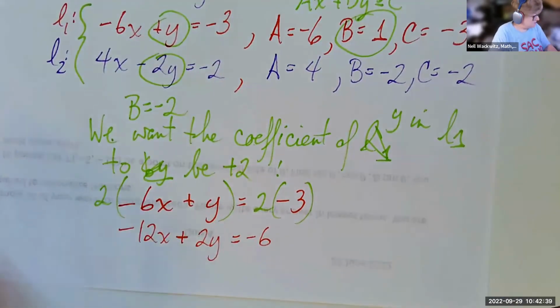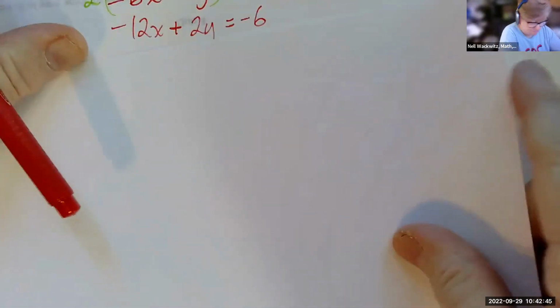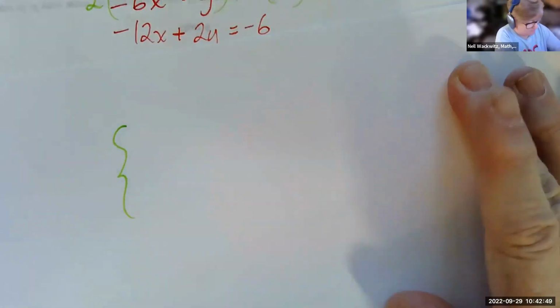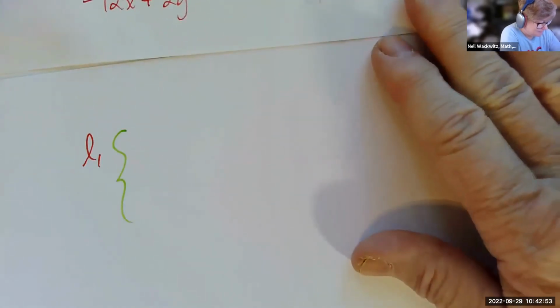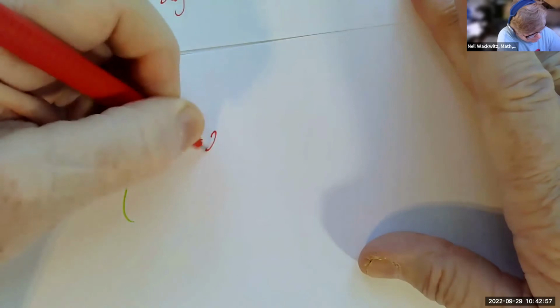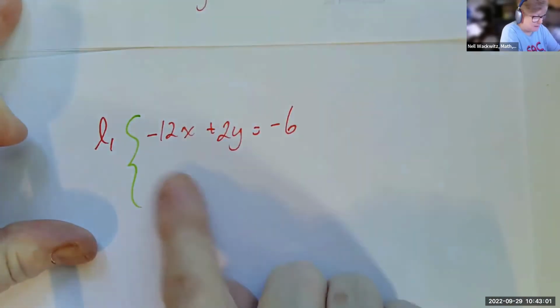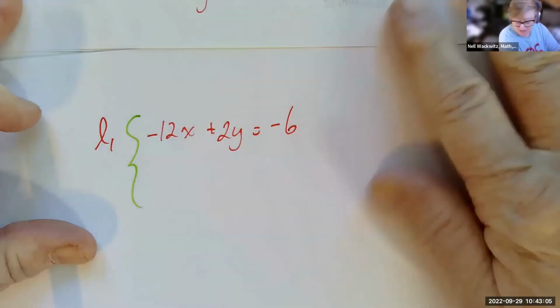Awesome. So now our system looks like, you know, draw that squiggly, okay, so line 1 is negative 12x plus 2y equals negative 6.